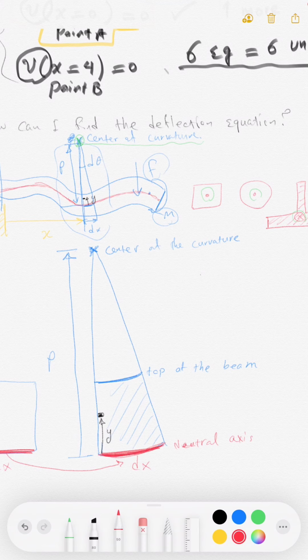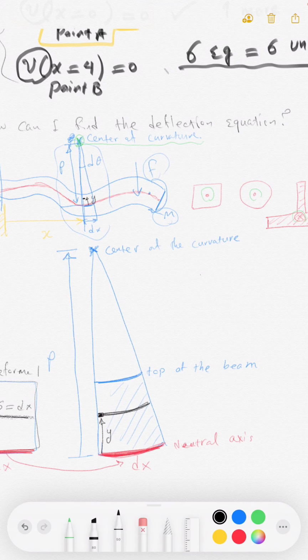What about at location y, located from the neutral axis, right here? Well, originally, if I consider that length as ds, originally that ds is equal to dx. Look at this square right here, undeformed.